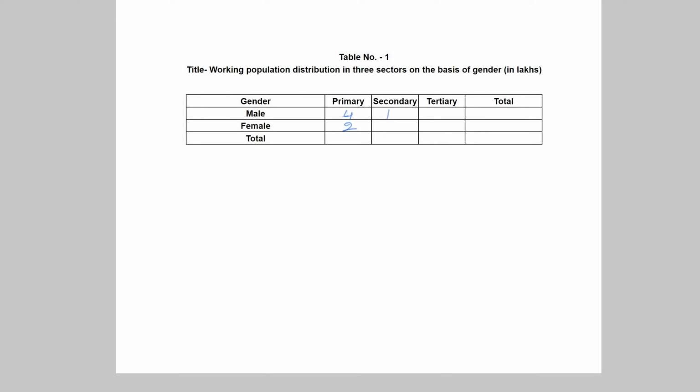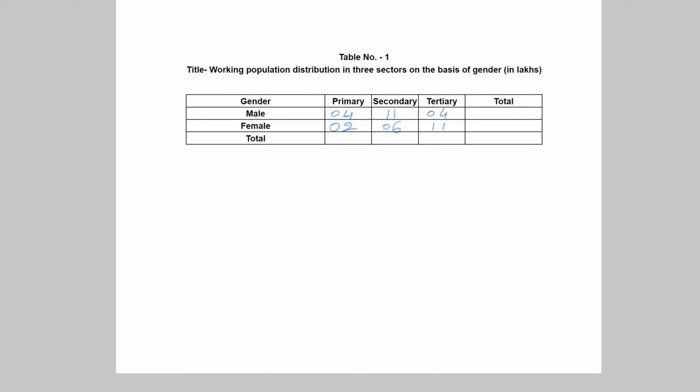There are 11 lakh males working in the secondary sector and 6 lakh females working in the secondary sector. There are 4 lakh men working in the tertiary sector, and there are 11 lakh females working in the tertiary sector.